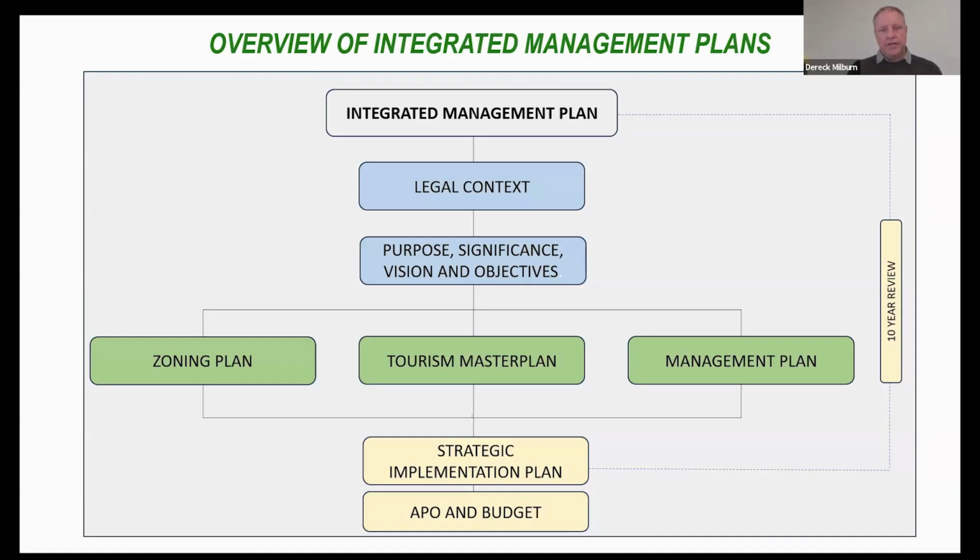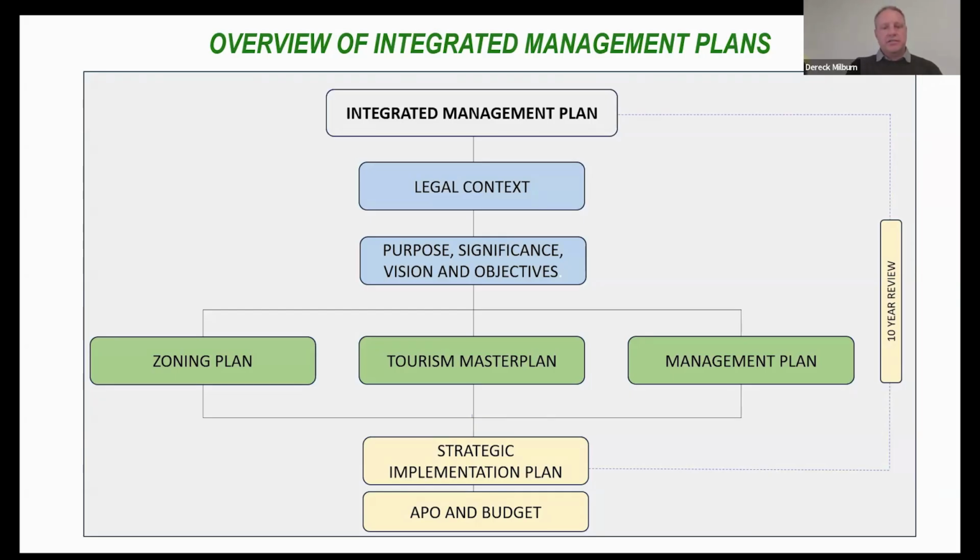And then it talks about your management plan, which really spells out your management objectives and the action projects on a section by section basis, which will include your alien vegetation. And then that all gets tied into your strategic implementation plan, which really defines each action project linked to timeframes, budgets, who's responsible, and indicators in terms of what has been achieved.